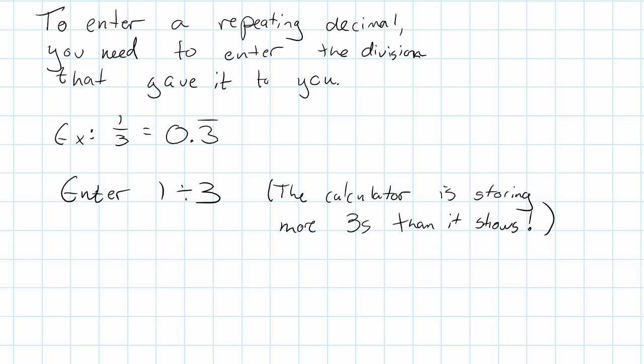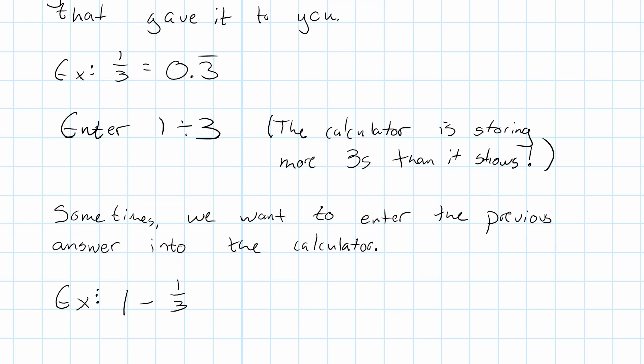Now, because the calculator is storing more digits than it displays, and also because it's easy to make a mistake when copying long, horrible decimals, we sometimes want to just enter the previous answer into the calculator.